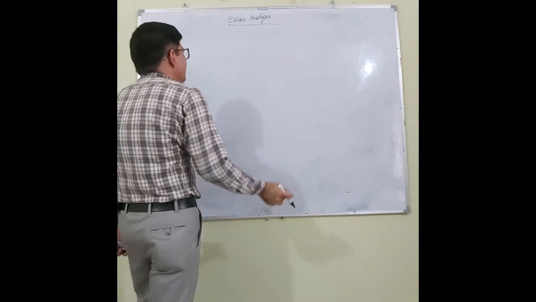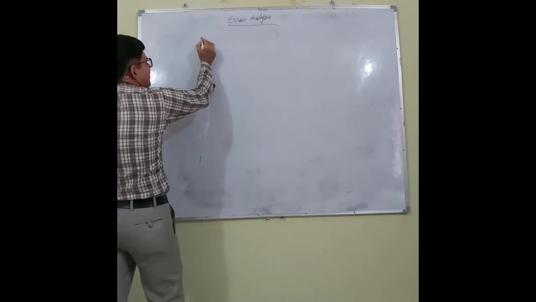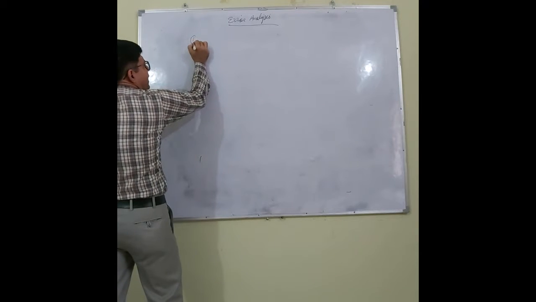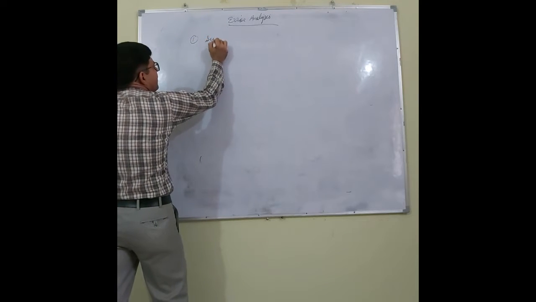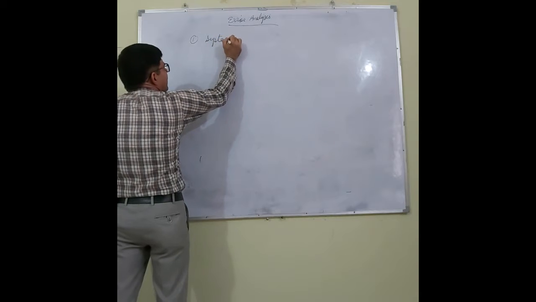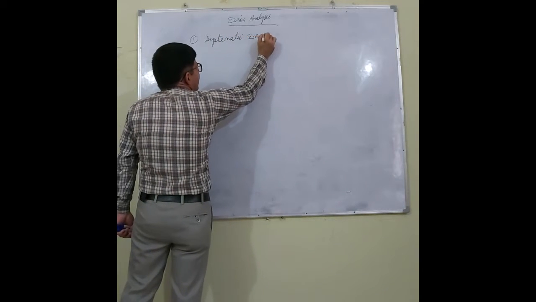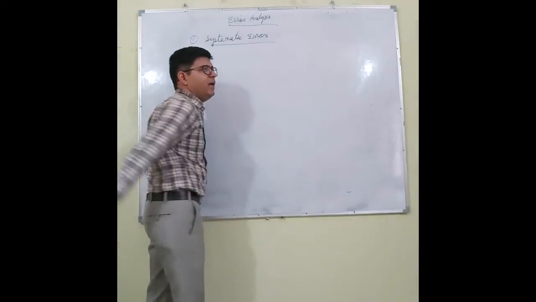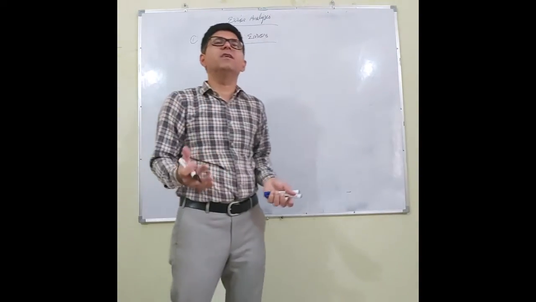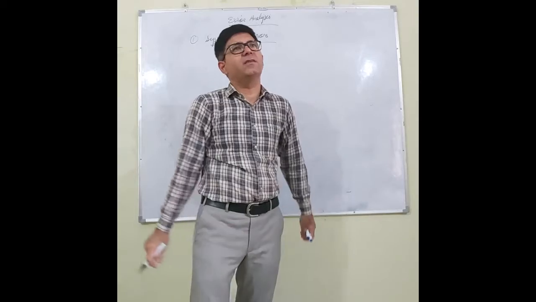Now, what are the various types of errors? The first type of error is systematic errors. What are systematic errors? Systematic errors are those errors whose causes are known to us.